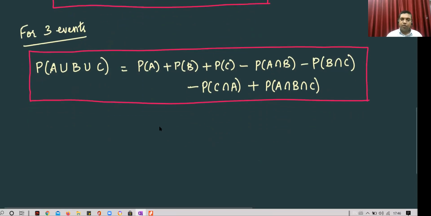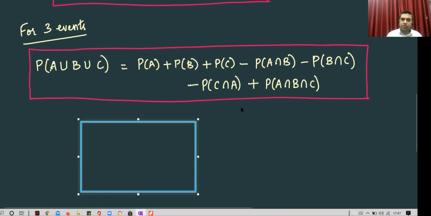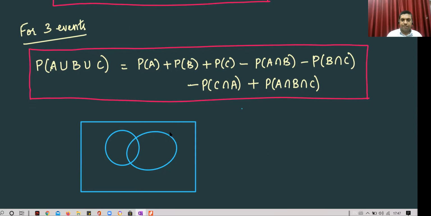Now, how do you get this? Again, the same principle. I'll change colors, that might help.